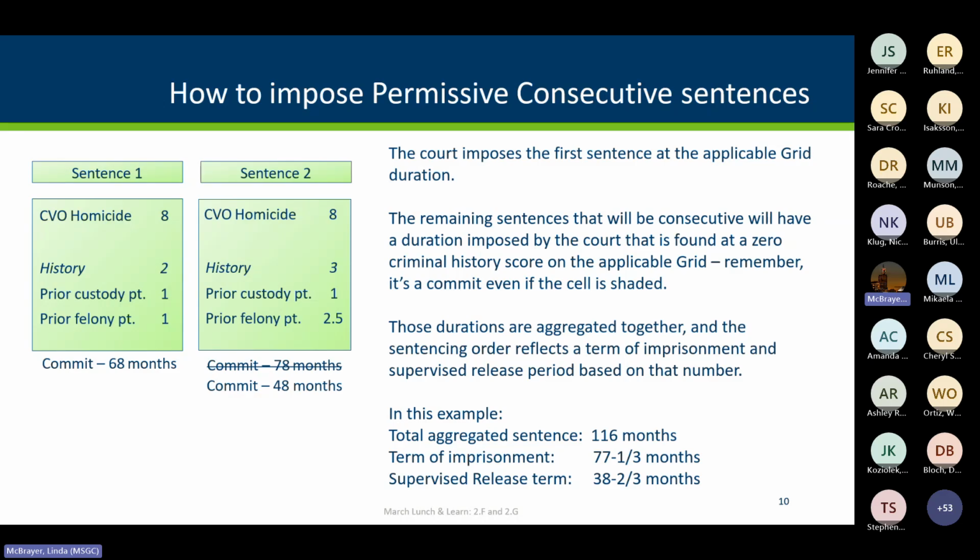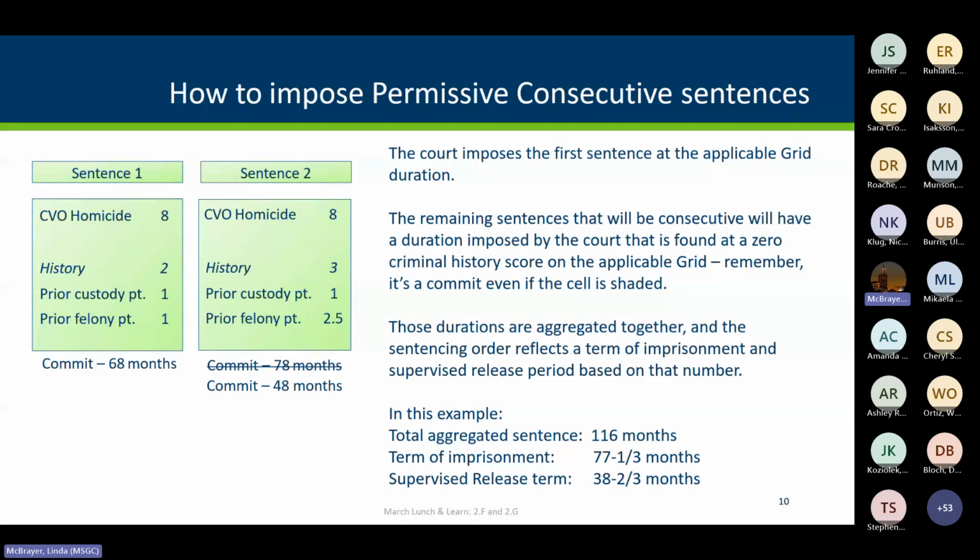That's a really important thing, and it is a policy in the guidelines that the sentencing court should aggregate those numbers together, which creates then a new term of imprisonment and a new supervised release based on those durations.